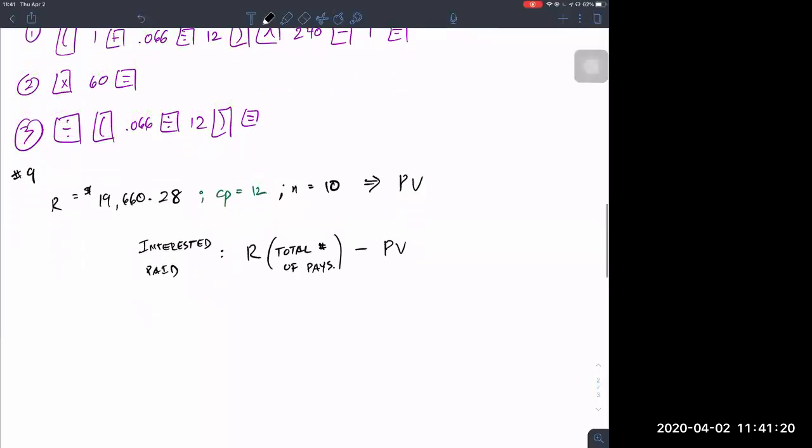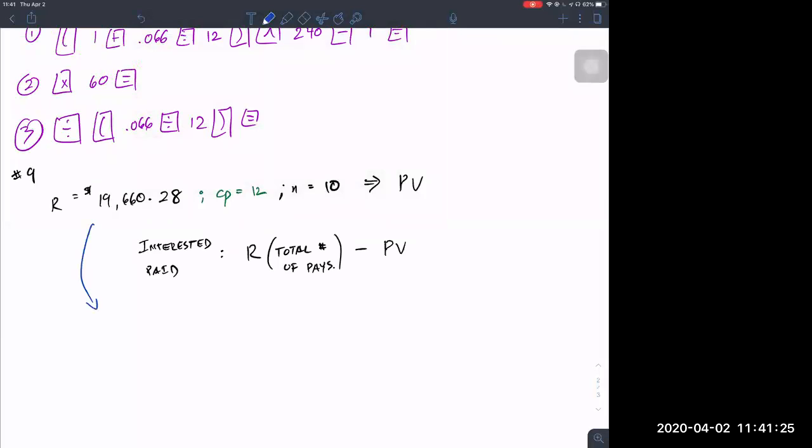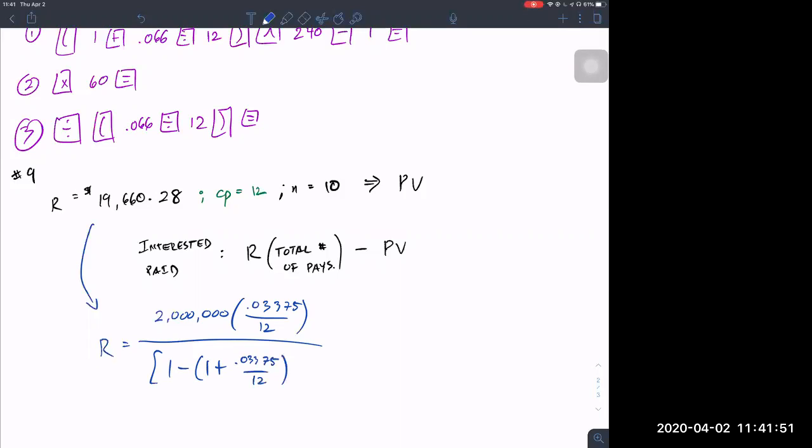It's the answer to this. What's the percentage? 0.03375. So 1 minus (1 plus 0.03375 over 12) raised to the negative 10 times 12, so that's negative 120. That's where R comes from.